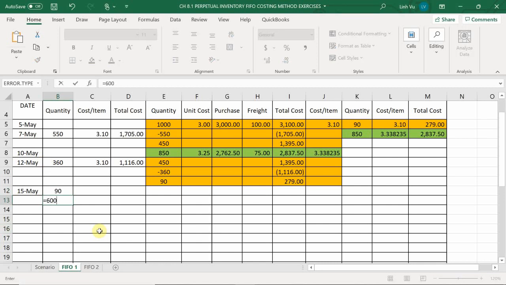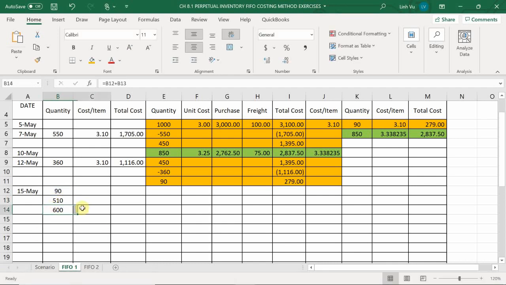Now, how much more do we need to sell from my green batch if I have to sell 90 from the orange? Yep, 510.